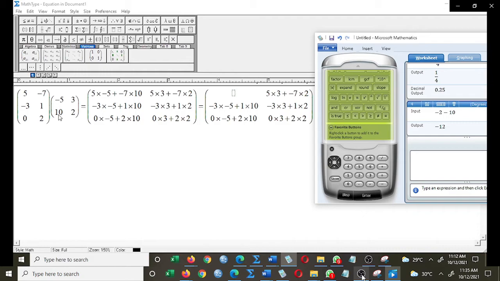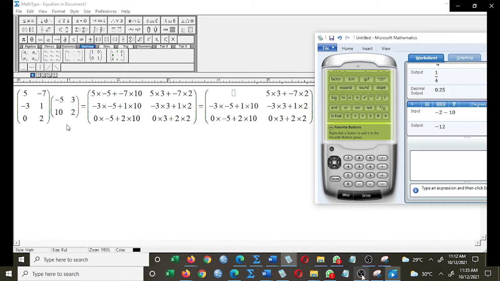If there was a third element in that row, there would have to be a third element in the column. That is why the number of elements in the row must be equivalent to the number of elements in the column.